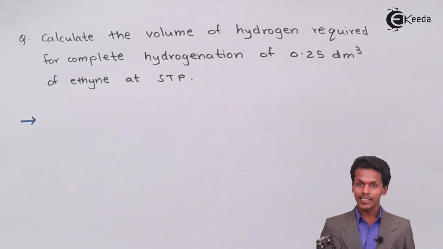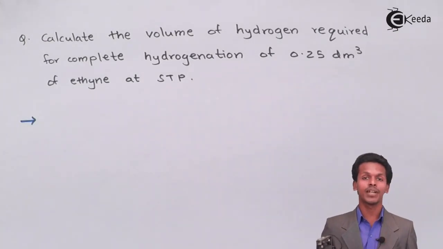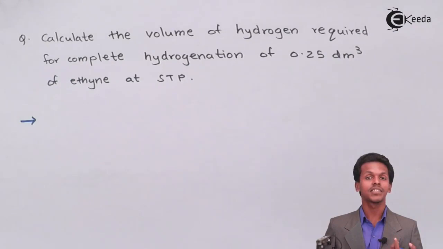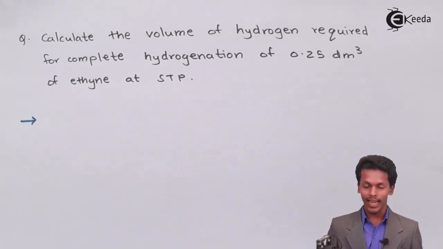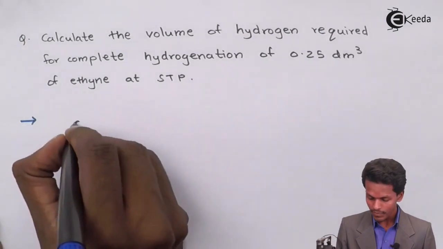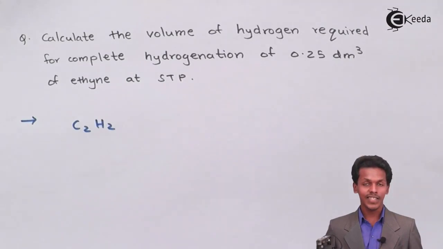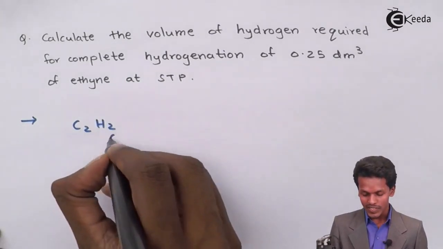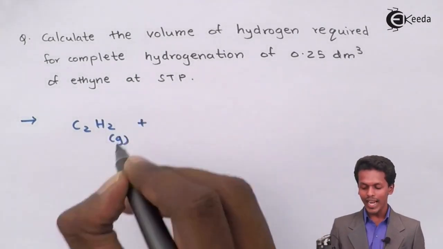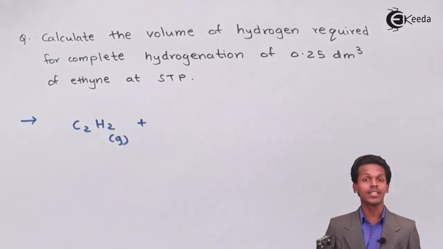Ethyne is an unsaturated hydrocarbon which contains a triple bond between the carbons, and its molecular formula is C2H2. This is ethyne, present in gaseous state, and we have to react it with hydrogen, that is, the hydrogenation process.